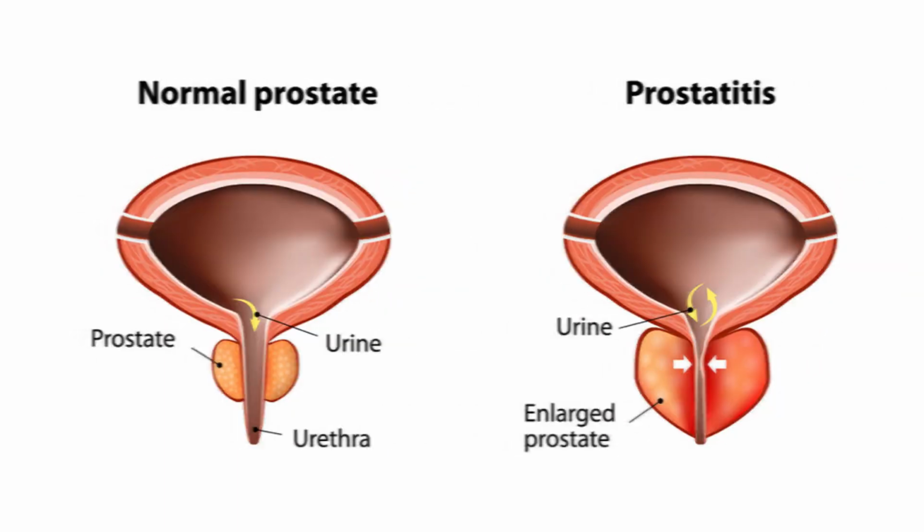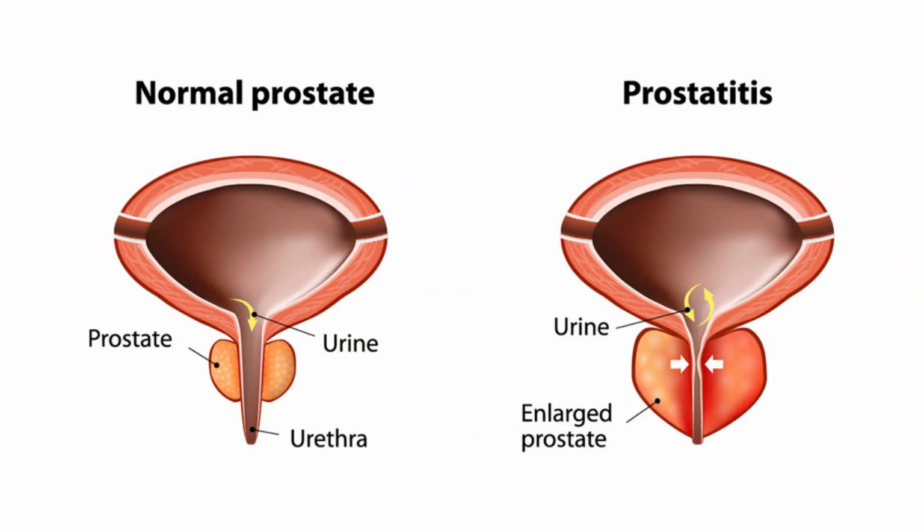The symptoms involved in prostatitis are actually urinary in nature initially, which include frequency of urination, going to the bathroom quite a bit, urgency of urination, and also going to the bathroom at night, nocturia. And this is essentially because the prostate, once it's inflamed and enlarged, it compresses on the urethra.